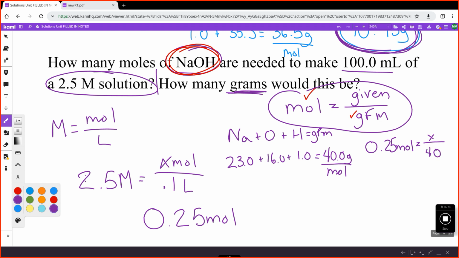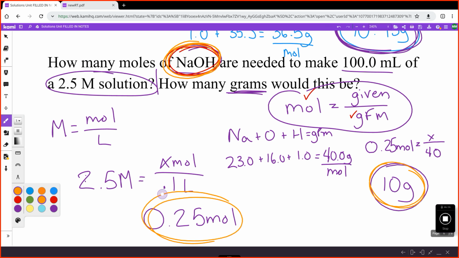And 40 times 0.25 would leave me with 10 grams. So in summation, 10 grams of NaOH is 0.25 moles.